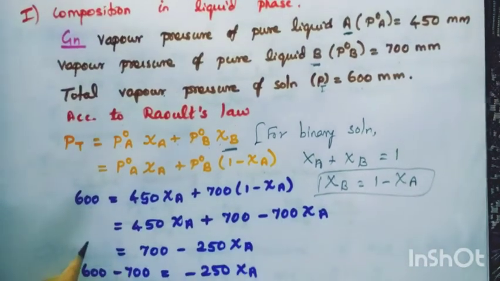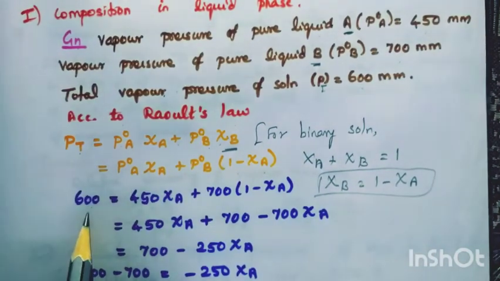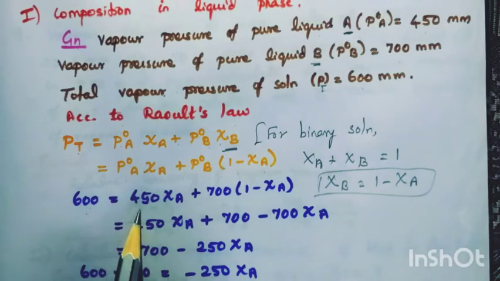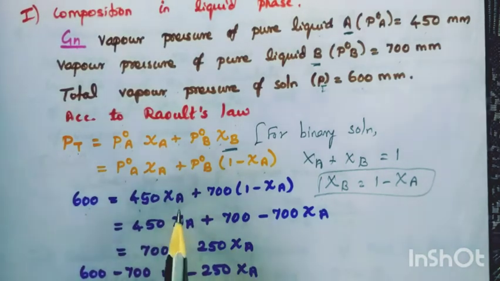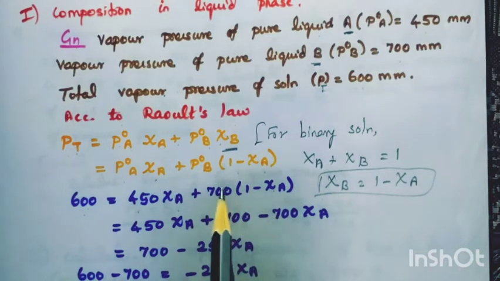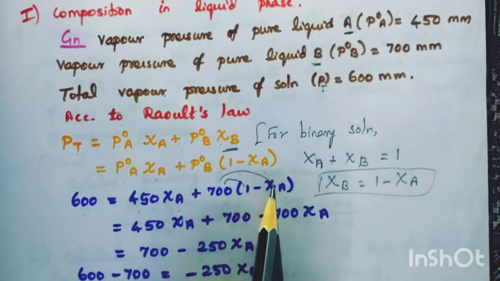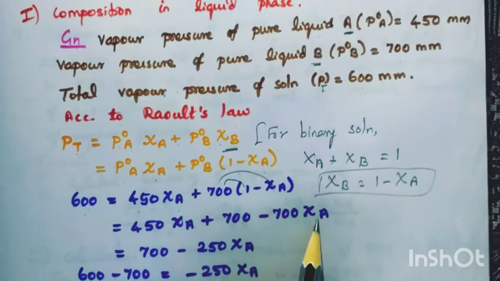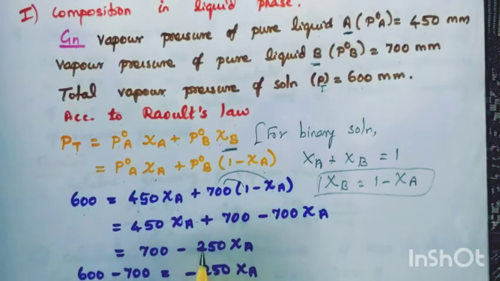Now, total pressure we know is 600. P naught A is 450, XA is the mole fraction. P naught B is 700, times 1 minus XA. Multiply this 700 and this, plus 700 minus 700 XA. Add this: 700 minus 250 XA. This minus this is 250.